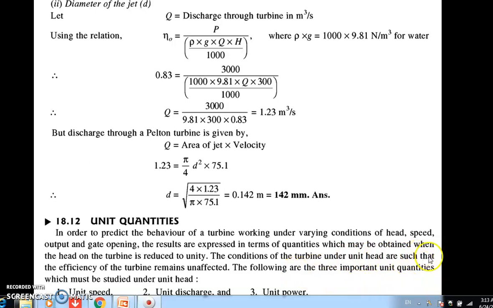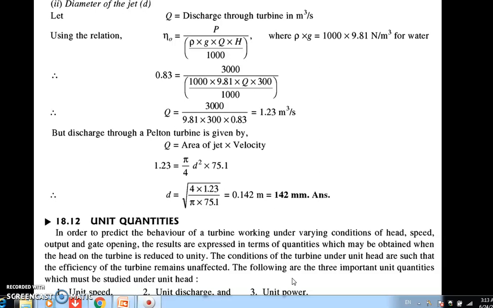Which are the different unit quantities? That is unit speed, unit discharge and unit power. The name itself suggests the meaning. Unit means one. So all these quantities are calculated considering the head on the turbine reduced to unity, or 1 meter.